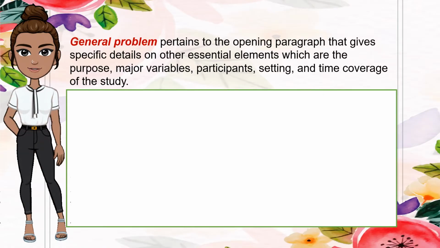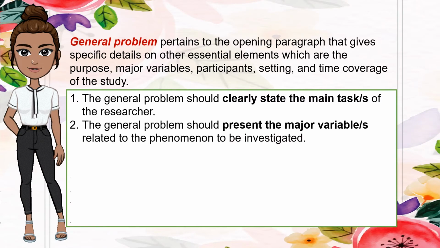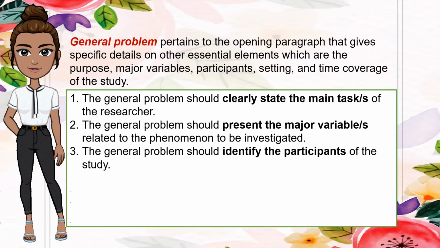Cristobal and Cristobal in 2017, from their book Practical Research 1 for Senior High School, presented guidelines in the writing of the general problem. These are as follows. 1. The general problem should clearly state the main task of the researcher. 2. The general problem should present a major variable or variables related to the phenomenon to be investigated. 3.